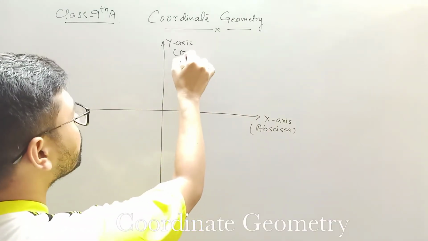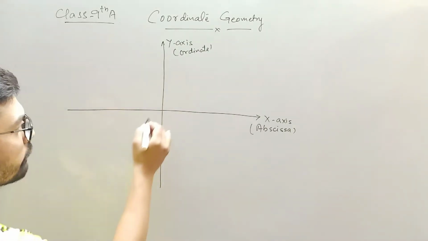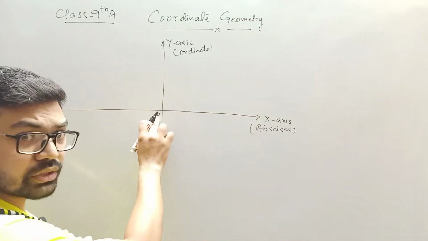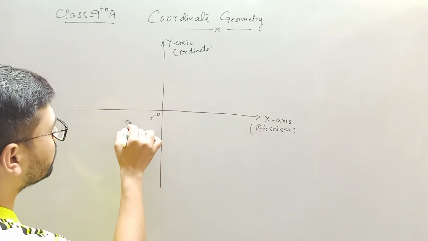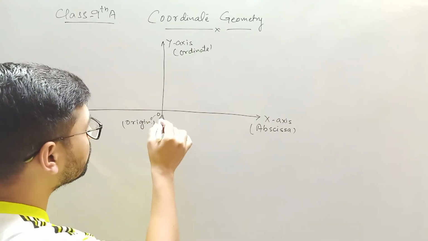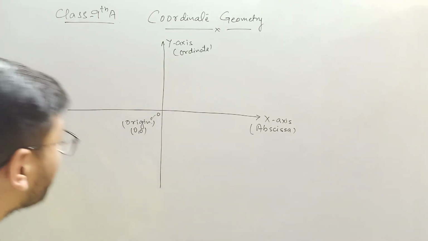Now if I move to the right-hand side of the origin, this point is the origin, right? This is also known as the origin, and the coordinates of the origin are 0, 0. Do you agree with this point?